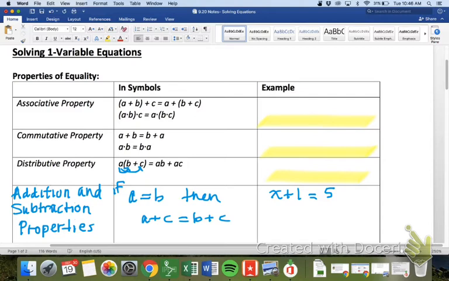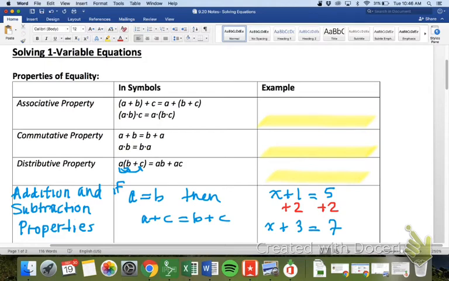Now let's think about what happens if I add the same number to both sides. Let's try adding 2. Then my new equation would be x plus 3 equals 7.